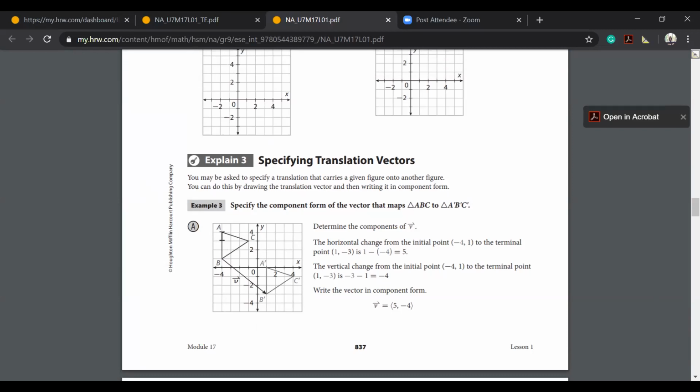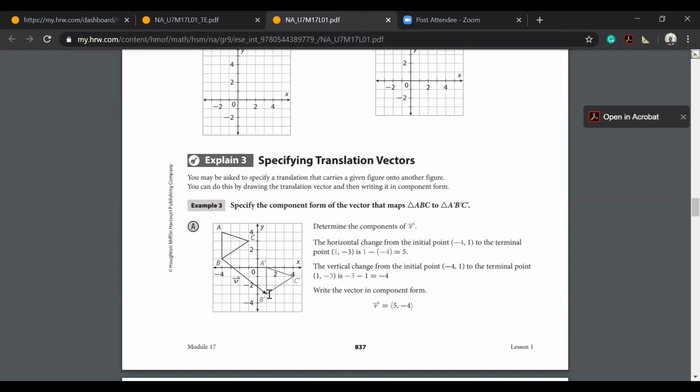You are going to trace any point you want. How many points do I have in my figure in here? We have 3 points: A, B, and C. Just stick with a point and start counting. We will think about A, for example, or B, since the book is doing it here, B. B moved from here to here.